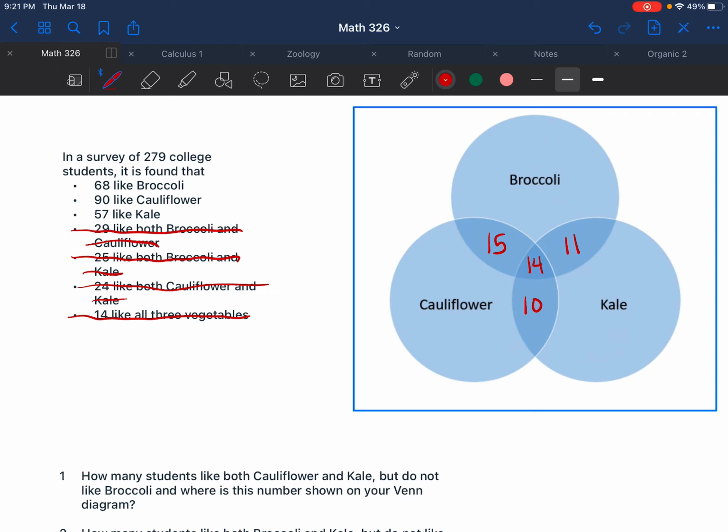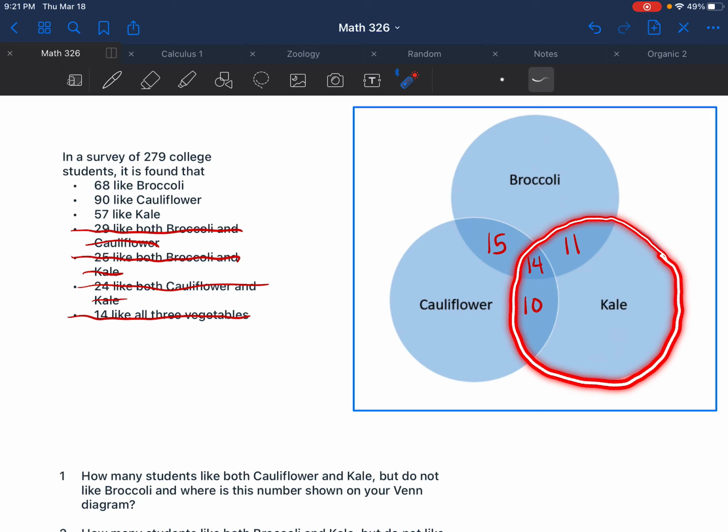Now we are on to the people that like at least one thing. So 57 people like kale. We're looking at this whole circle, because everybody in this circle likes kale, at least.